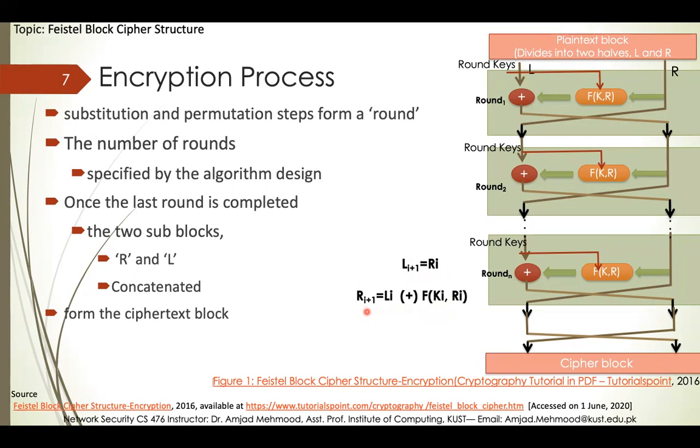This is how the process is performed in encryption. Each round uses this formula, as there is no restriction in a Feistel block cipher. You can perform this operation for as many rounds as you want.